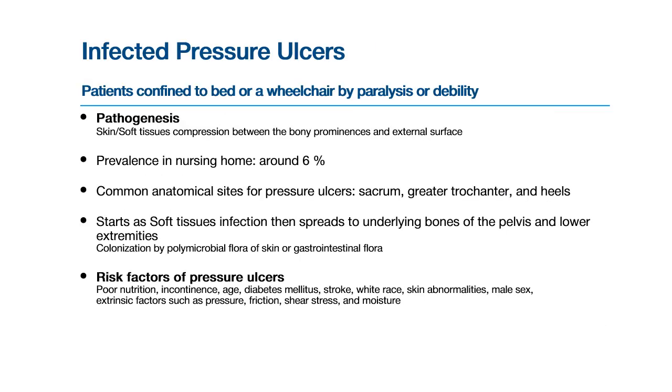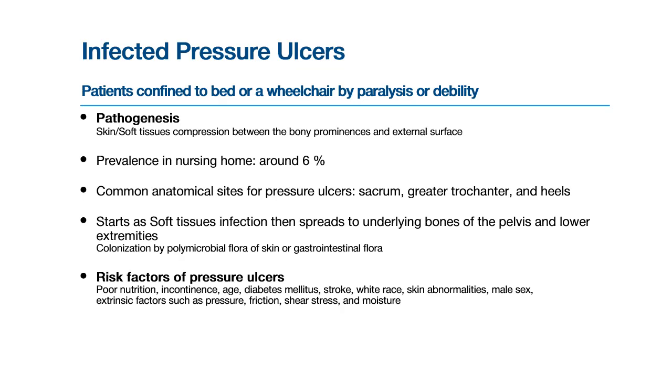Patients confined to bed or a wheelchair by paralysis or debility are subject to pressure-related skin ulceration and necrosis, most commonly in the sacral and buttock areas. These ulcerations are colonized frequently by polymicrobial flora emanating from the skin and gastrointestinal tract, with soft tissue infections spreading to the bones of the pelvis and lower extremities.